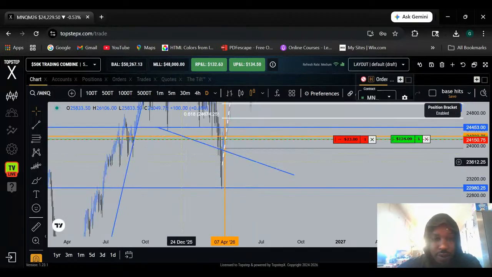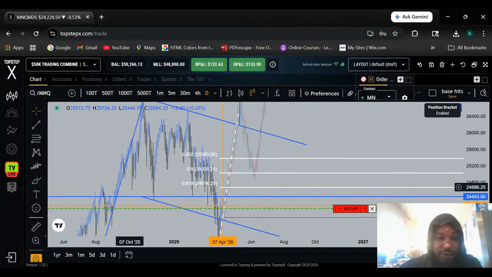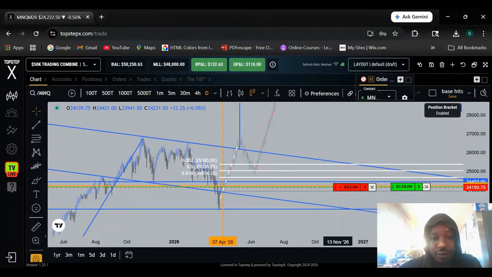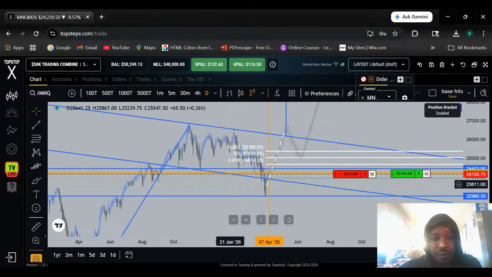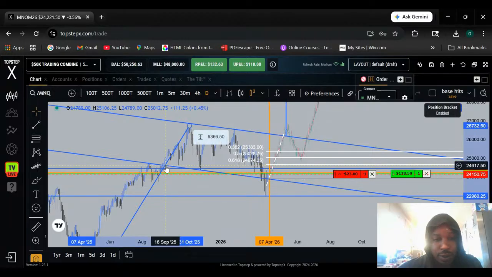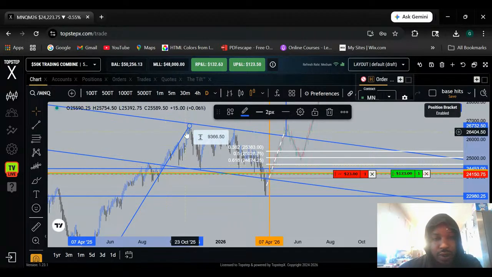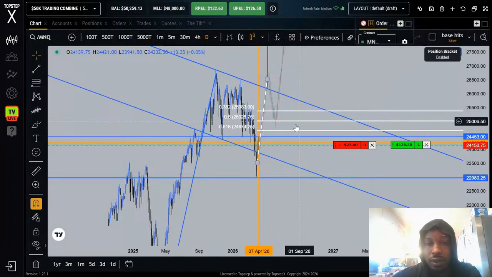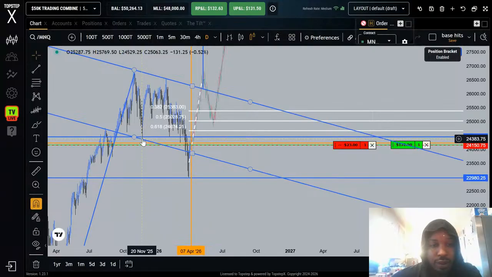We're going to count the pole as 1 point. I'll show you. This point is 1 point. The top of the pole is the second point. The lower low right here, the first lower low, is the third point.